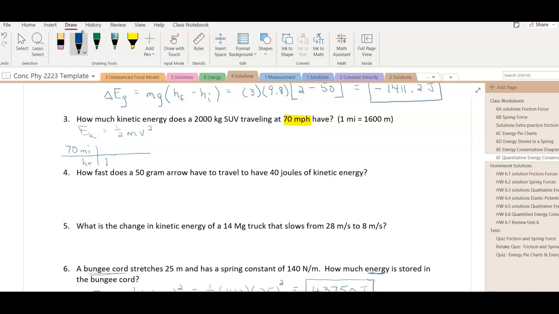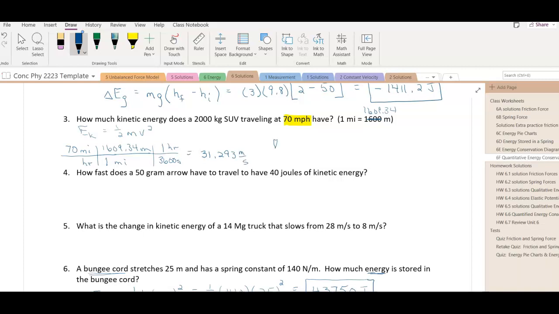I know that 1 mile is 1609.34 meters. This was an approximation. Okay, and I know that 1 hour is 3,600 seconds. And so that is a velocity of 31.293 meters per second.